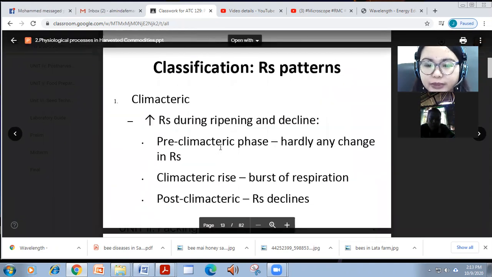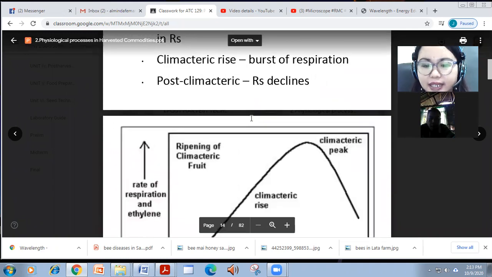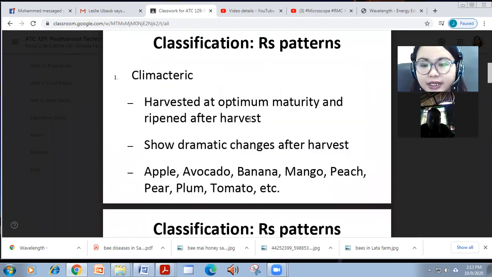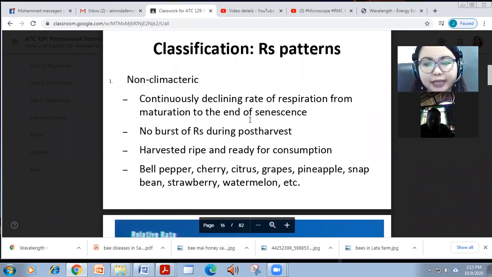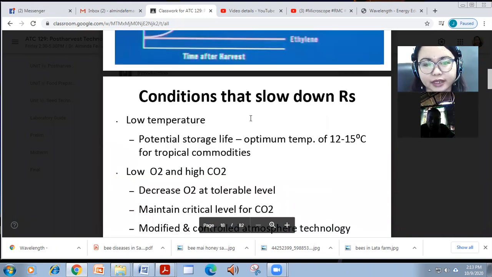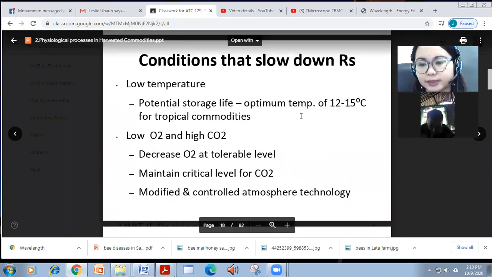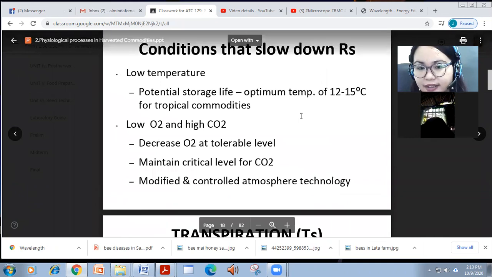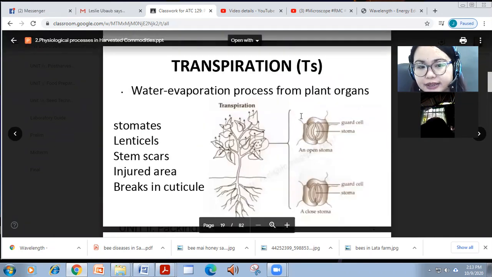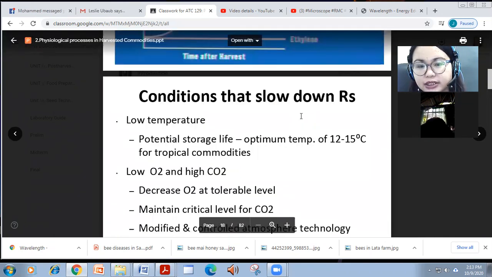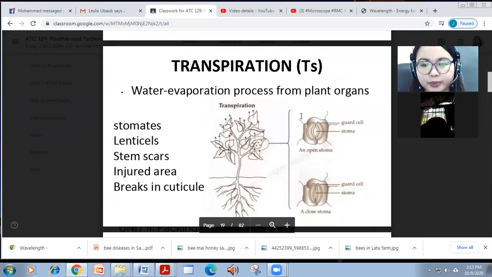I hope you still remember what climacteric and non-climacteric crops are based on respiration patterns, and the conditions that slow down respiration to extend the commodity shelf life. So before we proceed, do you have any concerns or questions?